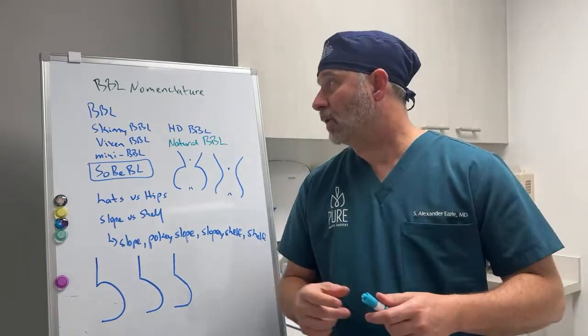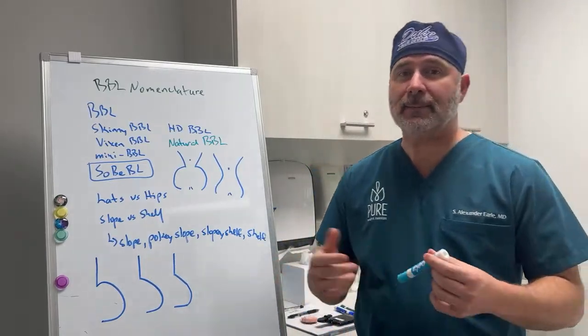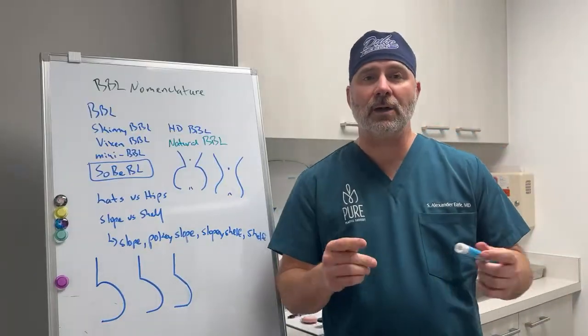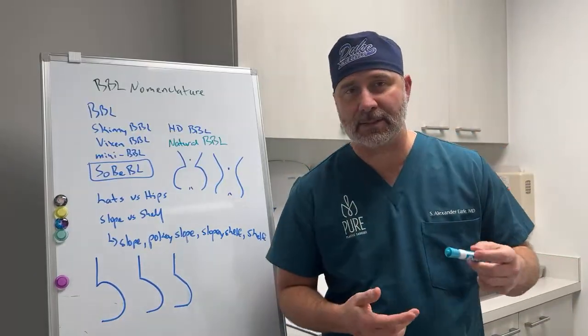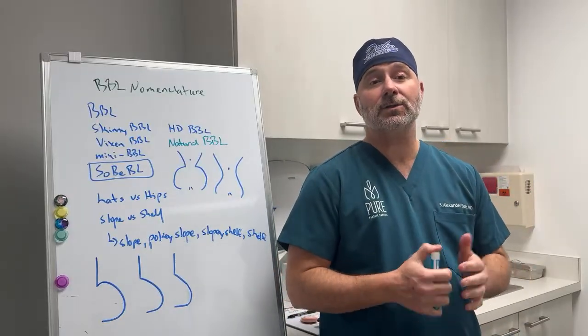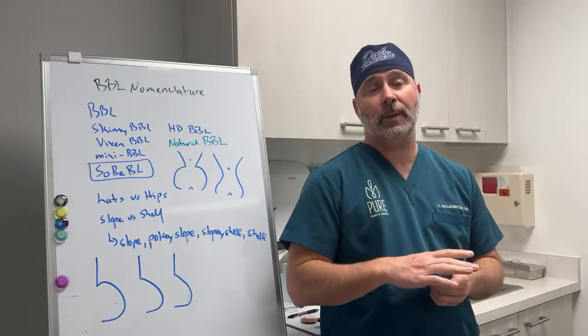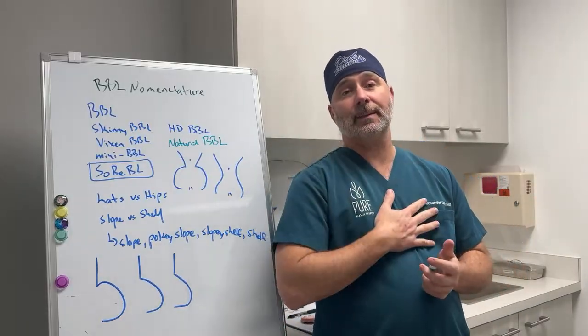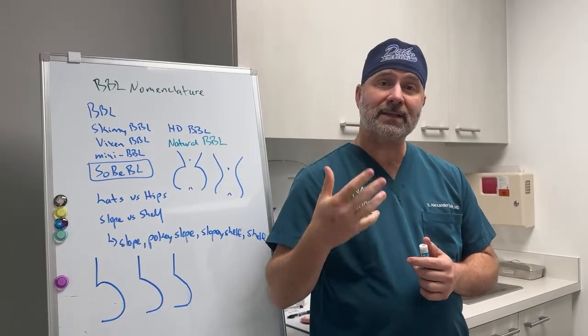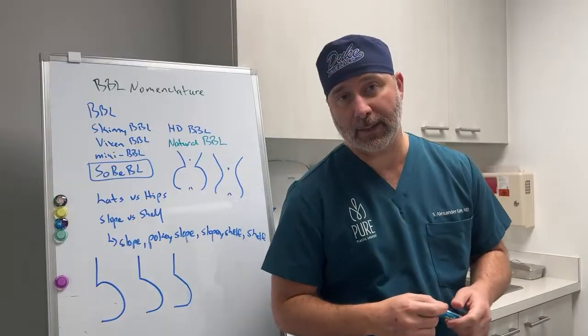And so they're like, Dr. Earle, what's the difference between a BBL and a skinny BBL and a mini BBL? I don't understand this lats and hips and slopes. So today we're just going to go over all of those terms so we get some good understanding. Then when you want to describe to me what it is that you want, you'll be able to say that in a much more efficient way, okay?